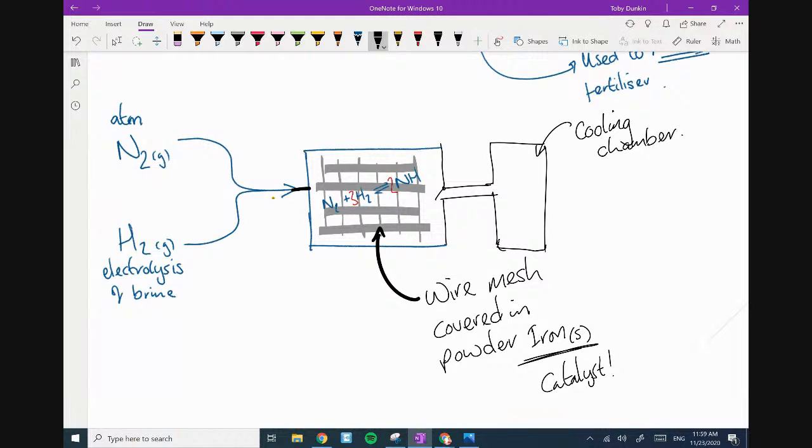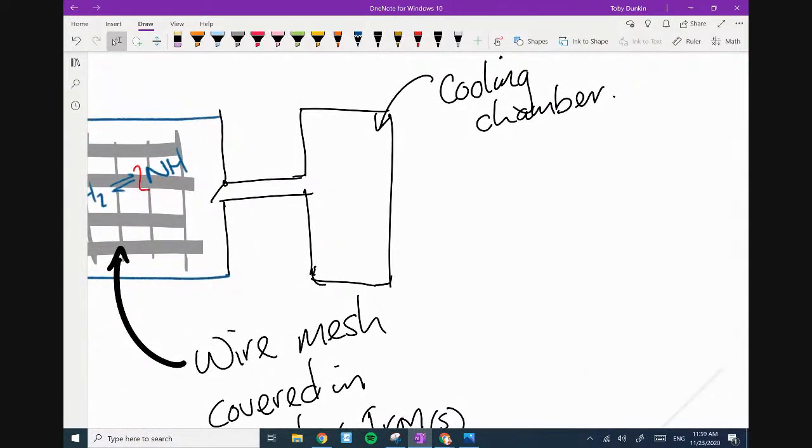Sometimes it's called a condenser. The reason is that when the gases flow in, we have a mixture of unreacted nitrogen, unreacted hydrogen, and ammonia. These are all three gases.